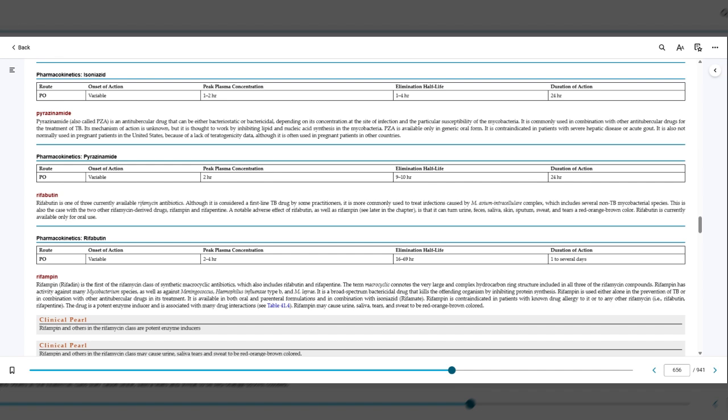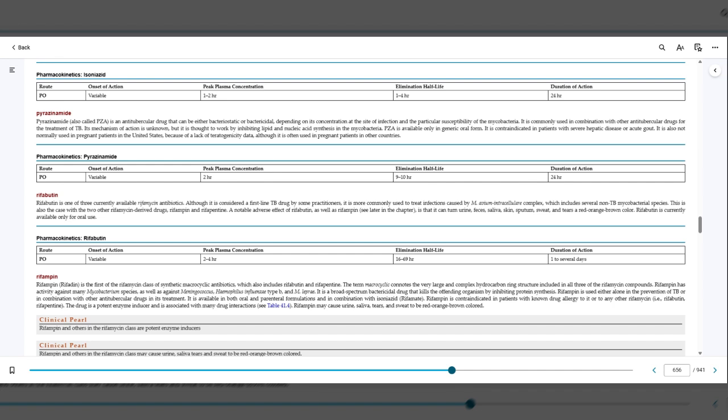It's contraindicated in patients with a known drug allergy, and it's a potent enzyme inducer, so it's associated with many drug interactions. Again, going back to reference table 41.4. To note for NCLEX, it may cause urine, saliva, tears, and sweat to be red, orange, or brown colored. That's a normal adverse effect or side effect of that medication. So someone will get that on NCLEX.